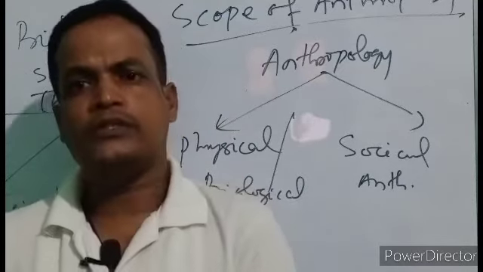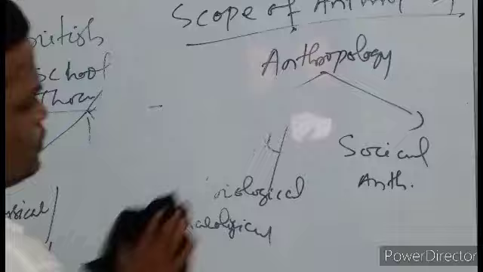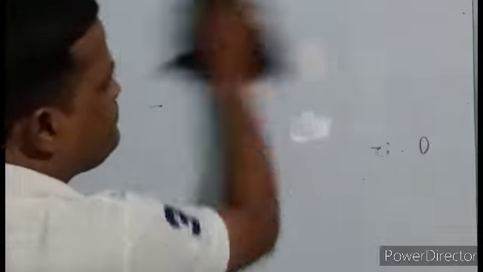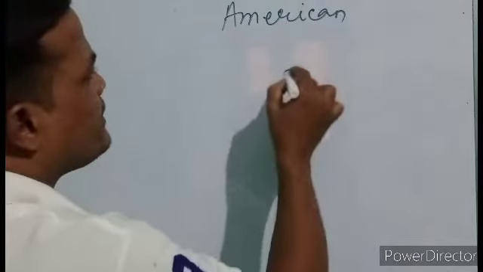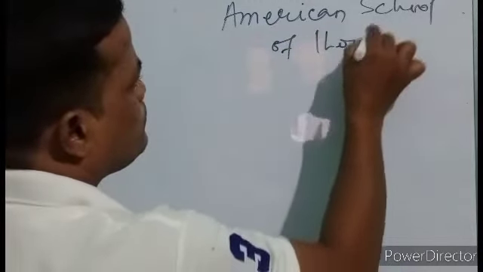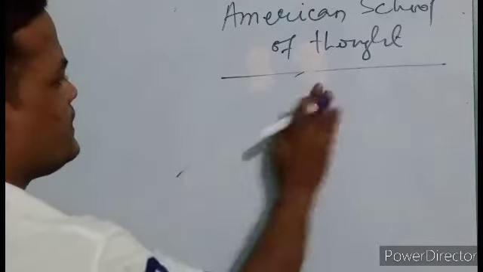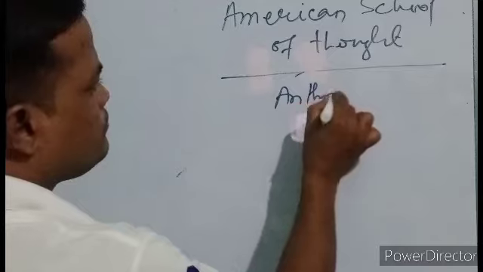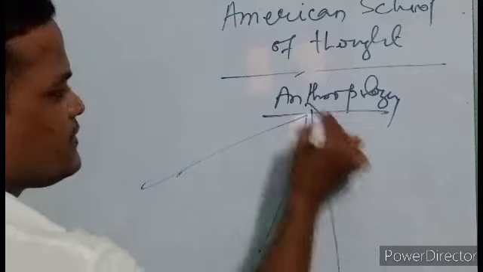Next, if we discuss the American school of thought, the American school of thought has divided anthropology into four branches.